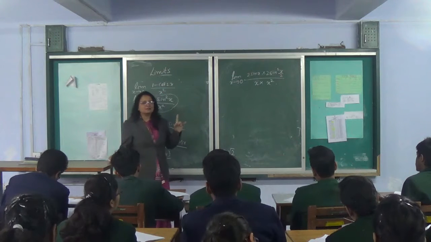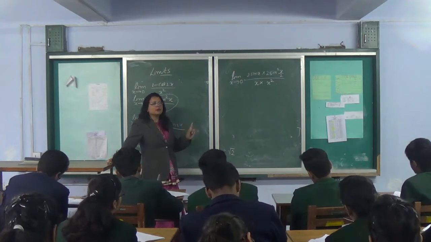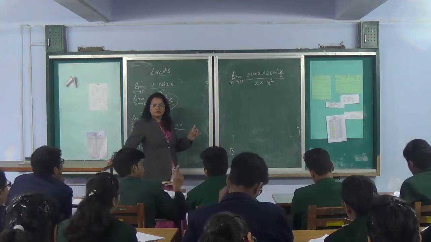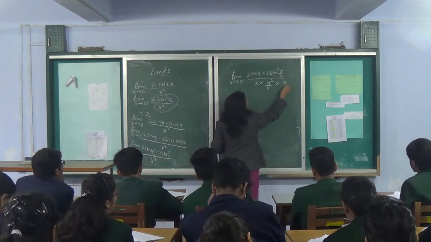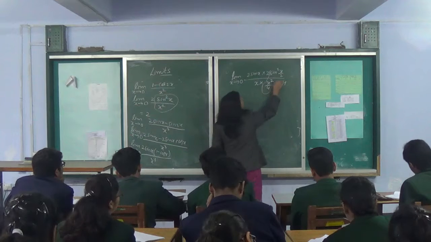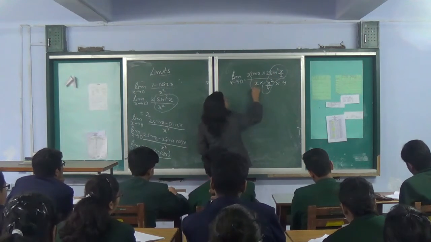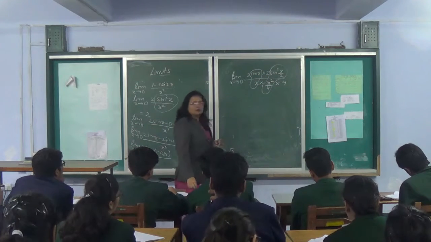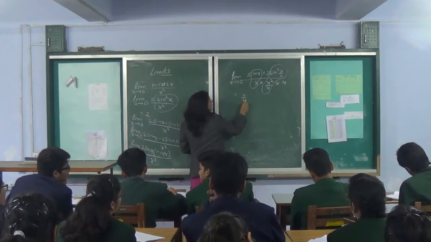So you have sin square x by 2 in the numerator, so we need x square by 4 in the denominator. So dividing by 4 and multiplying by 4. What is this part equal to? 1. What is this part equal to? Again 1. And what are we left with? It's 4 by 4.